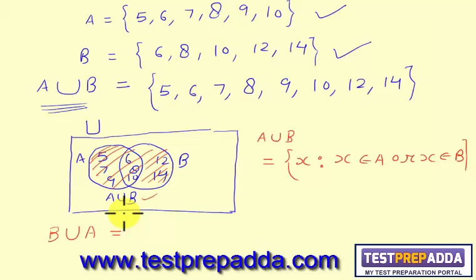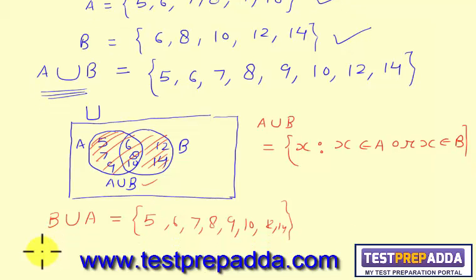Again, you will say all those elements which are either in B or in A. So clearly you can say 5, 6, 7, 8, 9, 10, 12, 14. So basically A union B and B union A both are same.